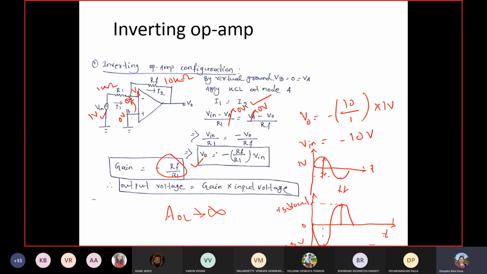But now because of the closed loop, you are able to control which parameter? Gain. And because of controlling the gain, what you are controlling? Output voltage.